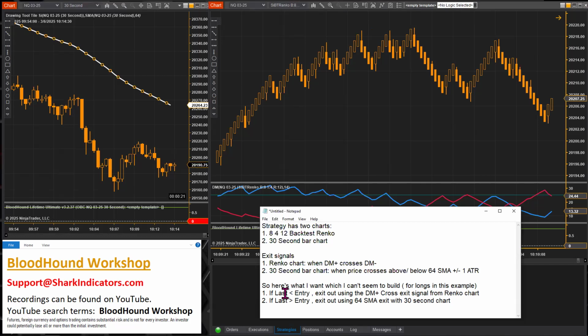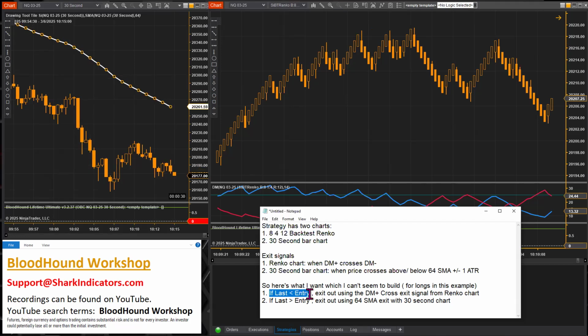But the full exit condition is determined inside of Blackbird, which is the second part of the question. Tomorrow we'll finish answering this question in tomorrow's Blackbird workshop. The reason this requires Blackbird is that it depends on whether the trade is profitable or not. Art is comparing the last price to the entry price.